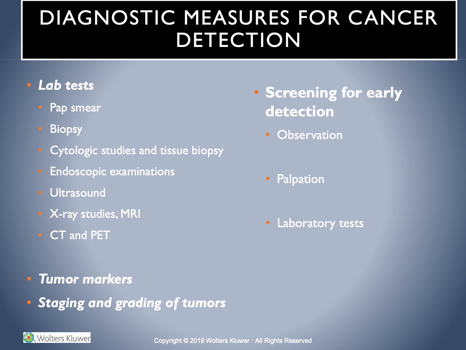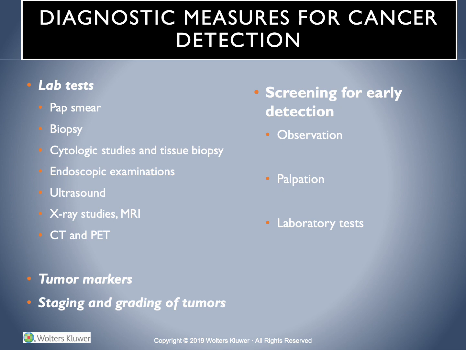Before ordering any diagnostic, a very important step is to collect a comprehensive medical history and do an appropriate physical examination. A thorough medical history and physical examination is often the first step in cancer diagnosis.